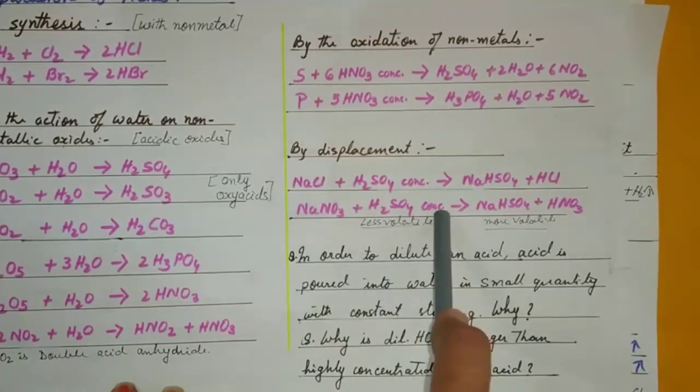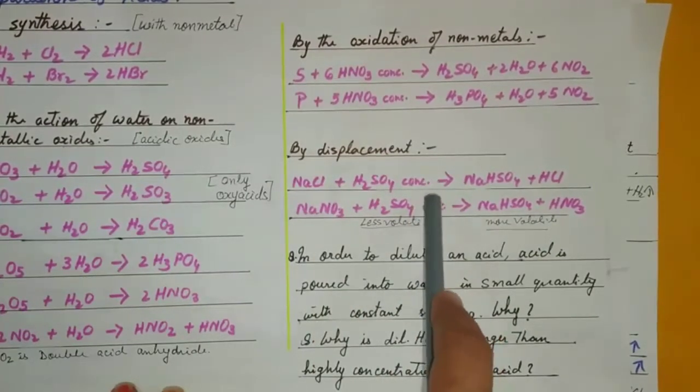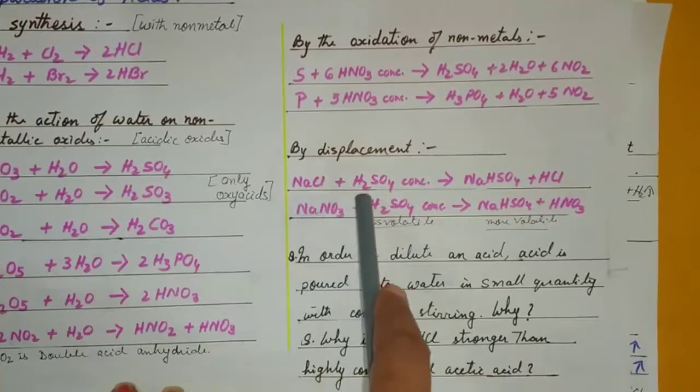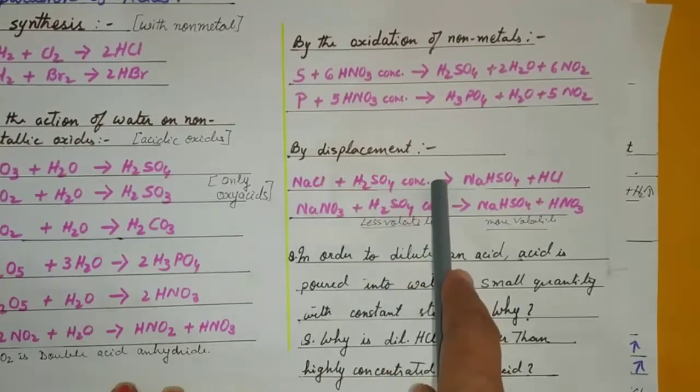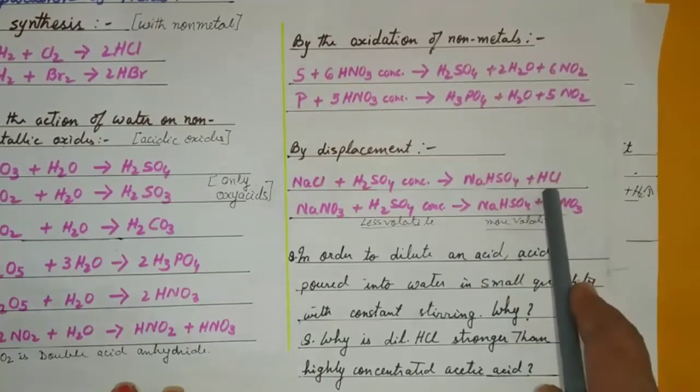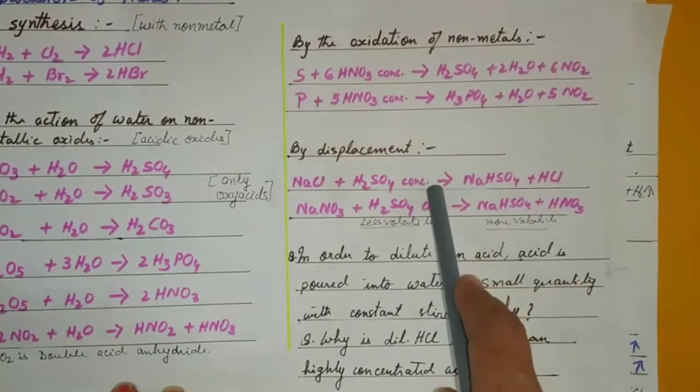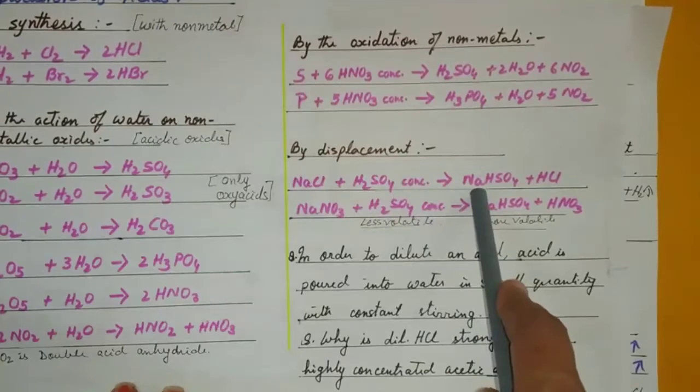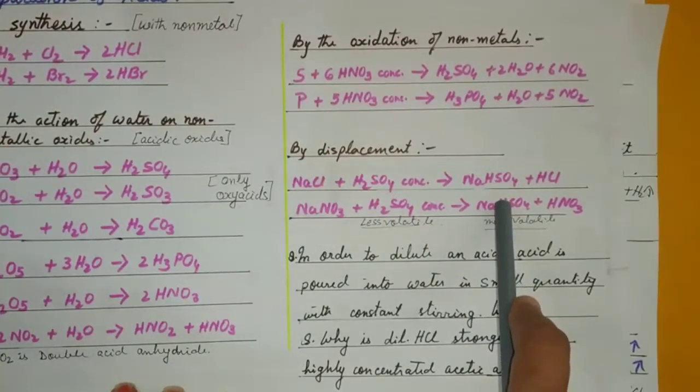this also we have done in the laboratory preparation of HCl and nitric acid, where NaCl with conc H2SO4 at a temperature less than 200 will give you sodium bisulfate and HCl. You can also get HCl at a temperature greater than 200 but giving you sodium sulfate, not bisulfate anymore.